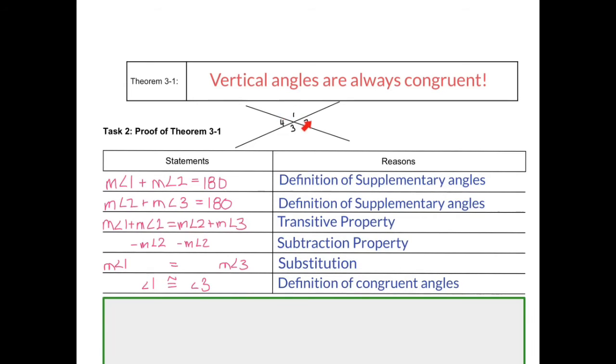So because this is 180 and this is 180, that really means that 1 and 3 have to be the same. Hopefully you can see that angle 1 is this obtuse angle, angle 3 is that exact same obtuse angle, and 2 and 4 are both acute angles. We've talked before, you can't always trust an image, but in this case, you can at least use the image to help see that vertical angles are always congruent.